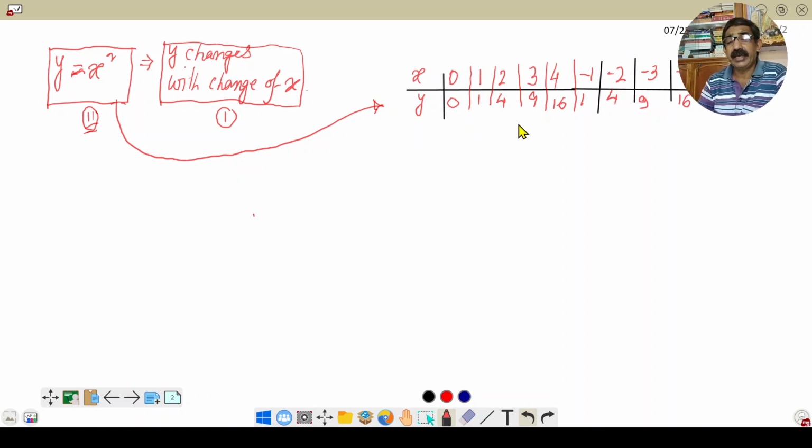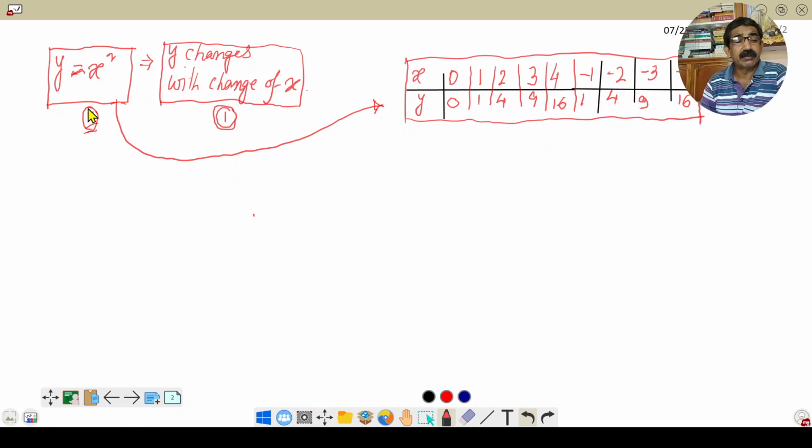So these are 9 values here. 1, 2, 3, 4, 5, 6, 7, 8, 9. All 9 values are given here. For x, we have 9 values, and for y also, we have 9 values. So this is one kind of information, the first kind of information.